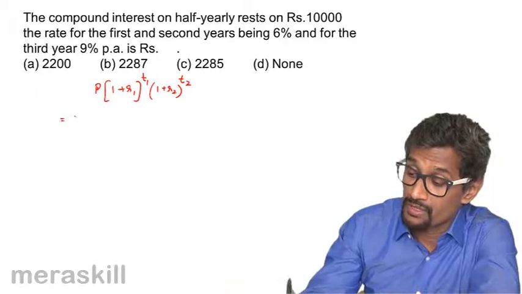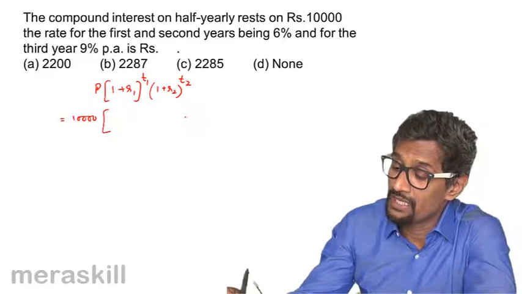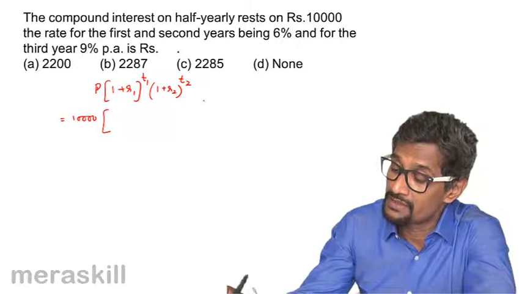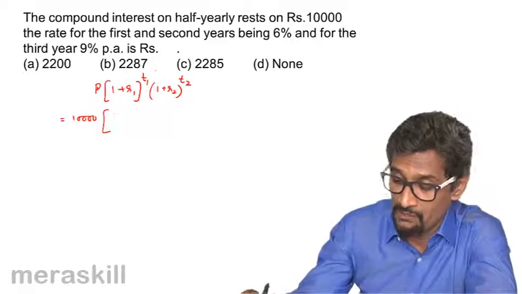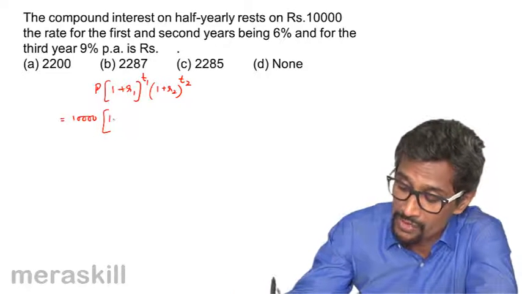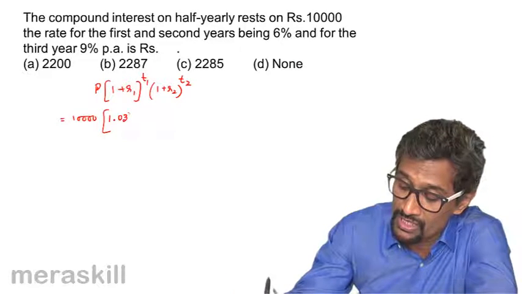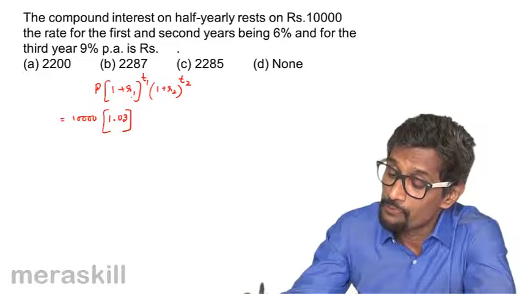So it's going to be 10,000 into 1 plus R1. The rate for the first and second years being 6%, so it's going to be on a half yearly basis. So if it's 6%, it's going to be 3% for each half year. So it's going to be 1.03 raised to how many for the first and second year?